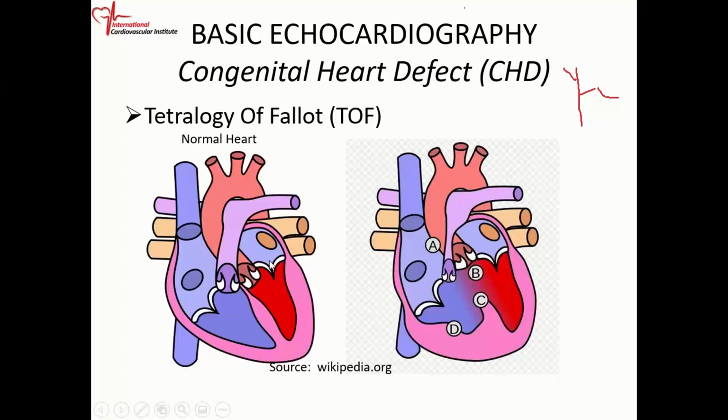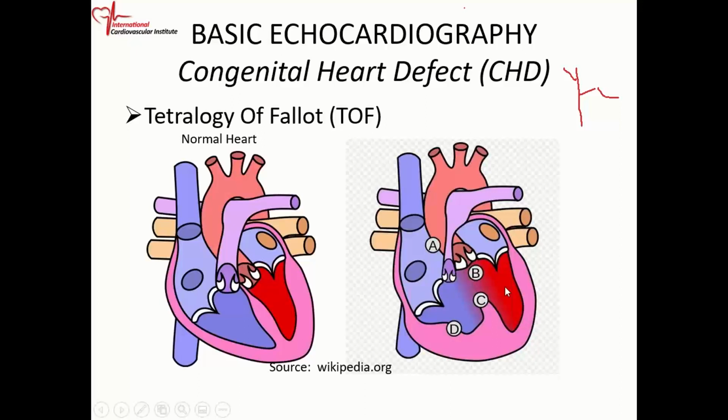This is a normal heart. Okay, the right side of the heart: the right atrium, the tricuspid valve, the right ventricle. The right ventricular flow tract is right here, the pulmonary valve, the pulmonary trunk, and then you have the main pulmonary branches. And of course the ventricular septum, the left ventricle, left atrium, the aortic valve, and the aorta.